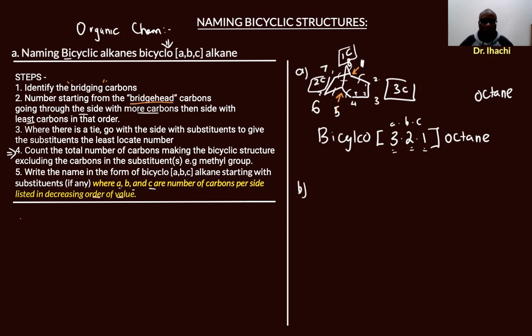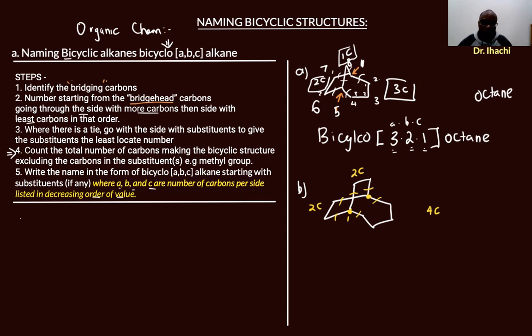Let's do another one. So now let's say that you have this bicyclic structure. How would we number this? Again, I identify my bridgehead carbons. There's no substituent, so I'll look and say on this side I have 1, 2, 3, 4 carbons. On top here I have 2 carbons, and on these other sides I have 2 carbons.